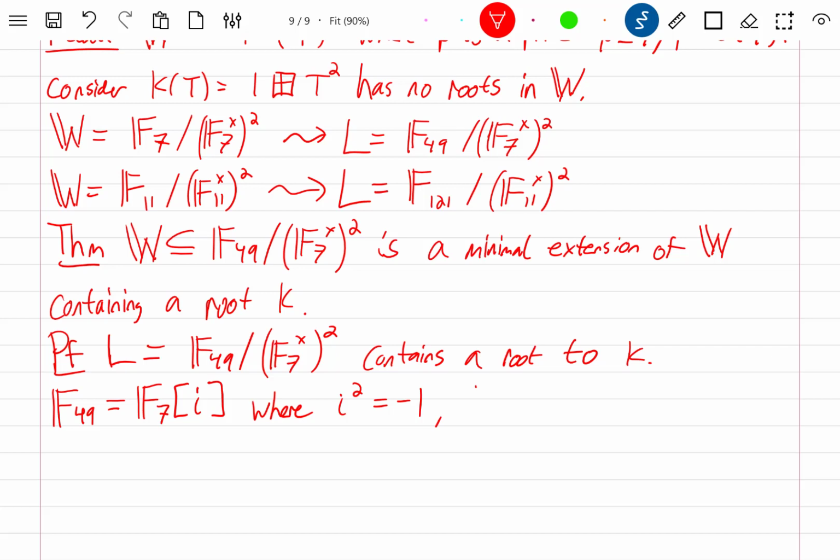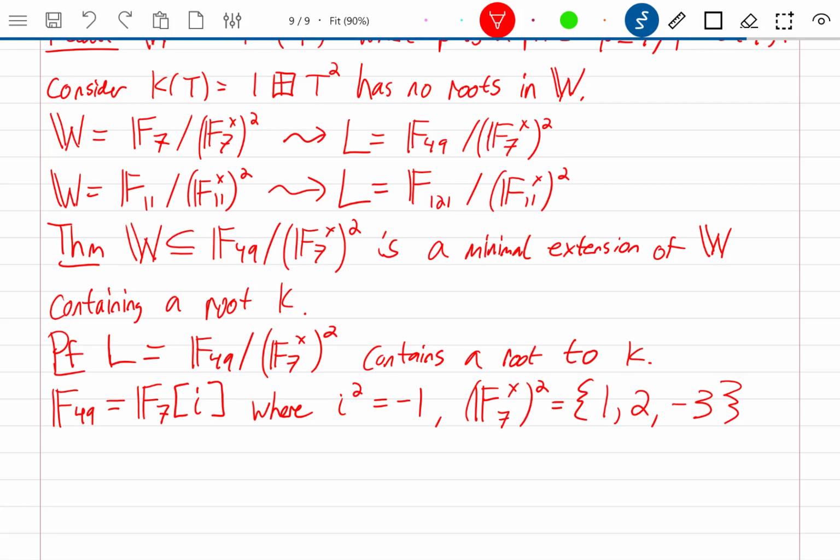Our next observation is if we consider F7 star squared, so if we consider our squares mod 7, our residues will be 1, 2, and 4. However, I like to do my work with the minimal distance from 0. So instead of 4, 4 and -3 are the same mod 7. So we now know what F49 is. We know what our squares are.